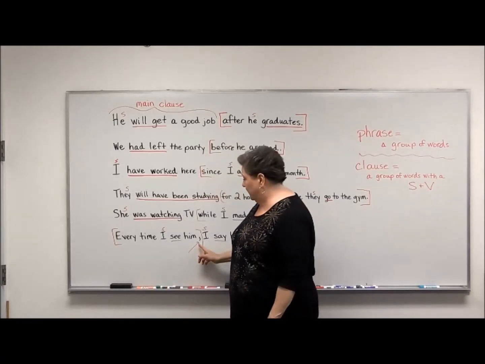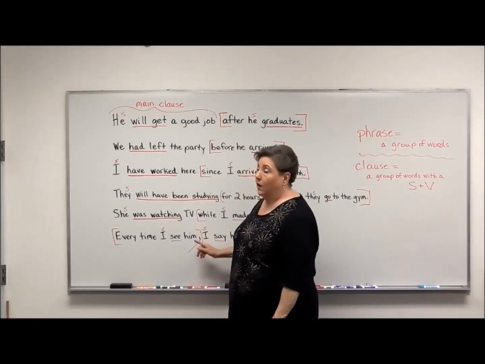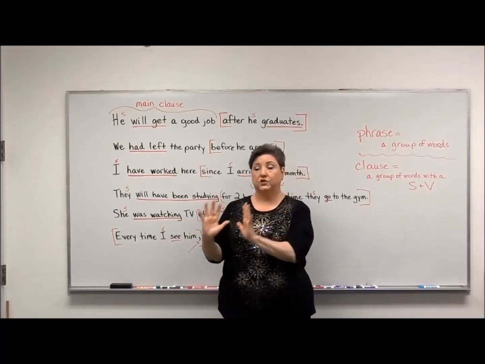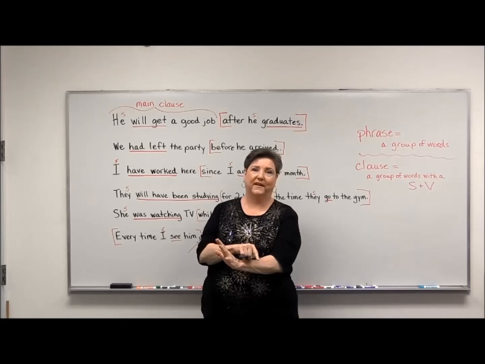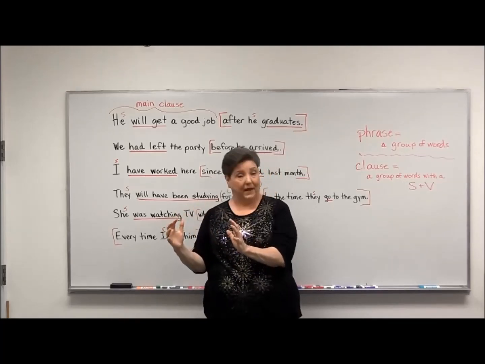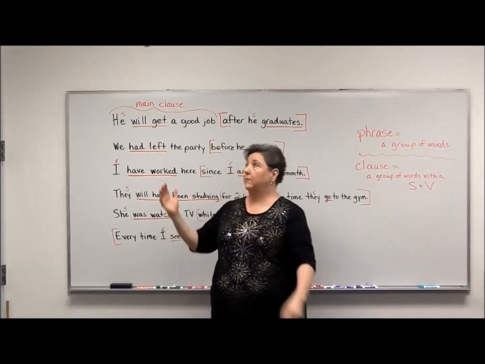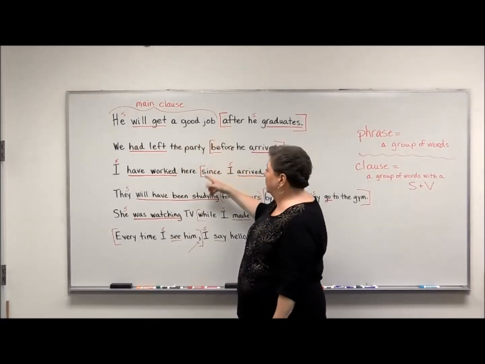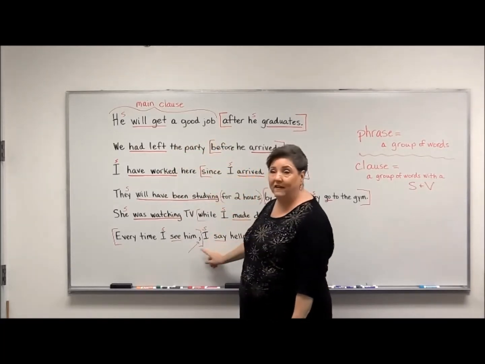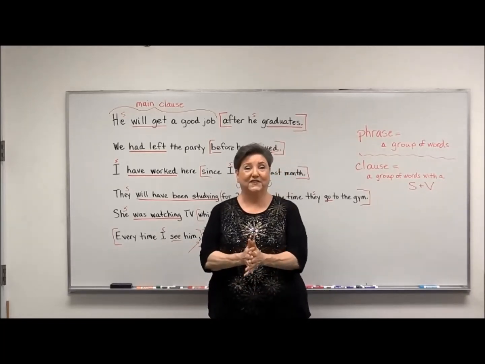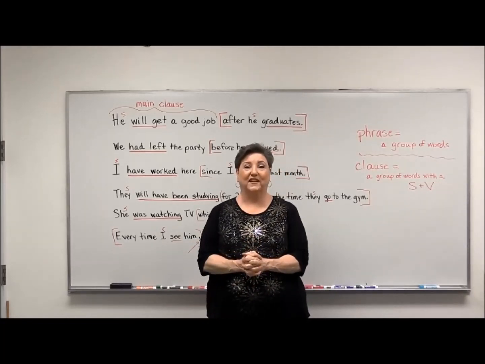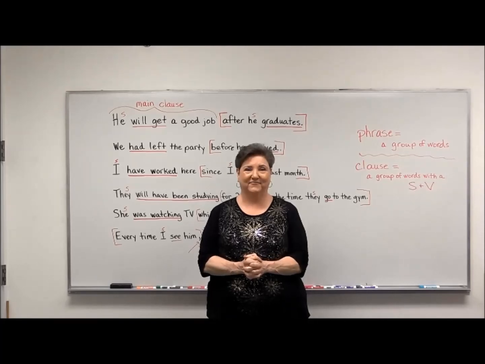I drew an arrow here to show you a comma. When you switch and start with the time clause, that's when you put a comma. But when you start with the main clause, no comma. See my sentences here? There are no commas until I started with the time clause. You got it? You did a good job. We'll go on to the if clauses next.